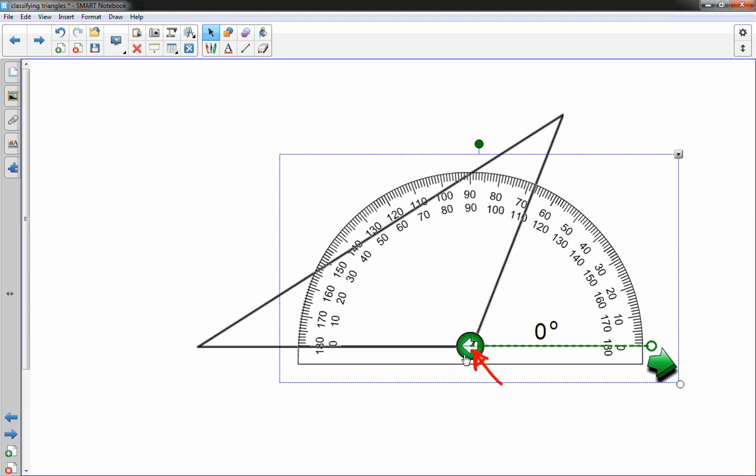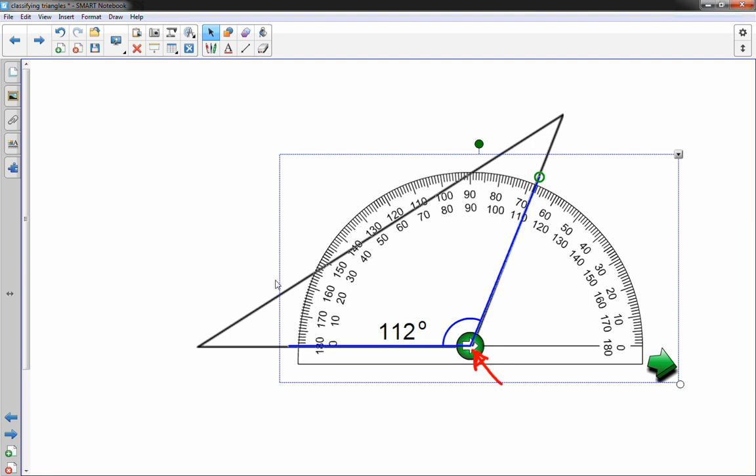I'm going to have to flip my virtual protractor around. And I'm going to open this up all the way. I've gone past 90, and it looks like it's about 112 degrees. By definition, this triangle has one obtuse angle that's greater than 90. That's all I really need to measure with my protractor. If it has an angle measure greater than 90, it's obtuse. So that's an obtuse triangle.